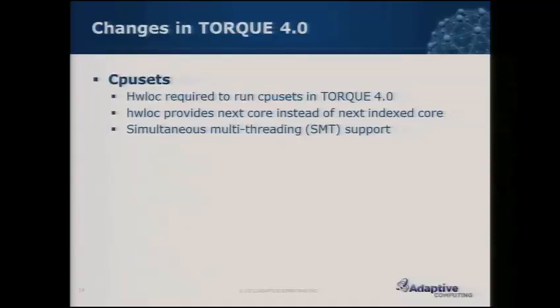And of course on larger chipsets, there's a good chance they're not going to be adjacent to each other. But with HWLOC, we are going to schedule the next core instead. So your jobs will be physically close.